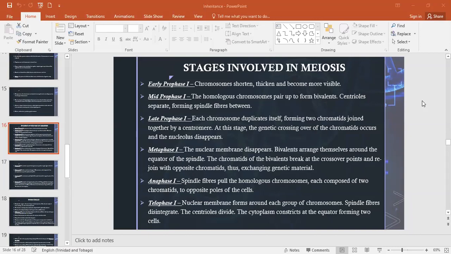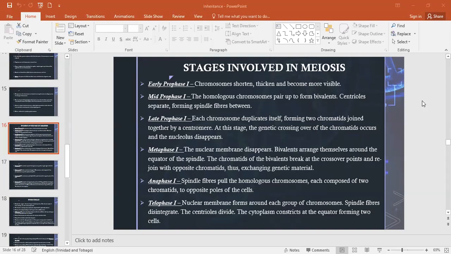If you had 1 pair, naturally when they divide you'll get back the same amount. But because you have 2 pairs being formed now, and you would have gotten 92 chromosomes, you have to divide until you can get the 23 chromosomes in each. That is why you have to have a second stage of division taking place after the first one. So we number the stages so that you would know which phase you are talking about.